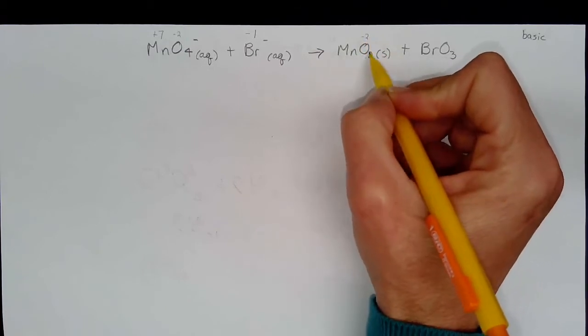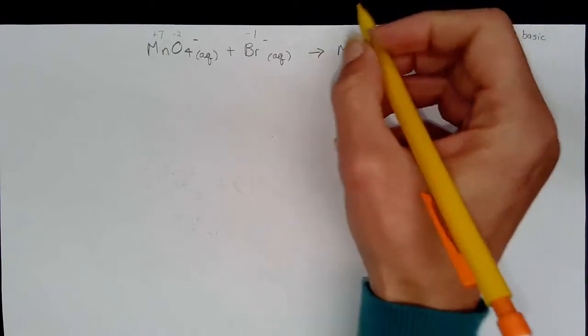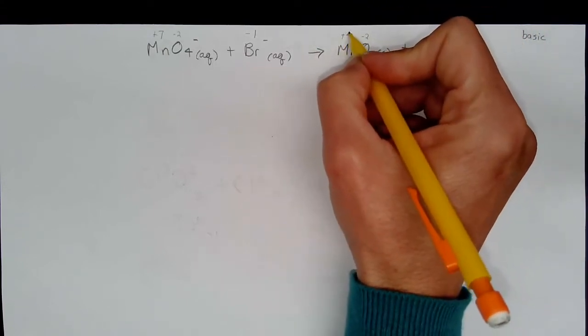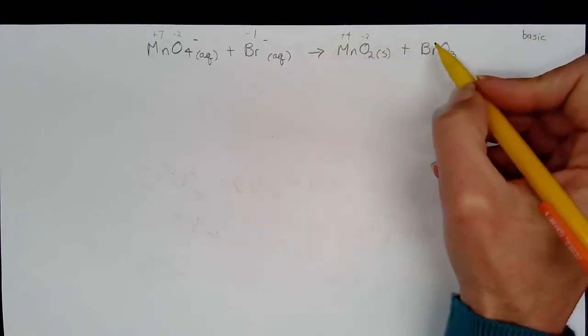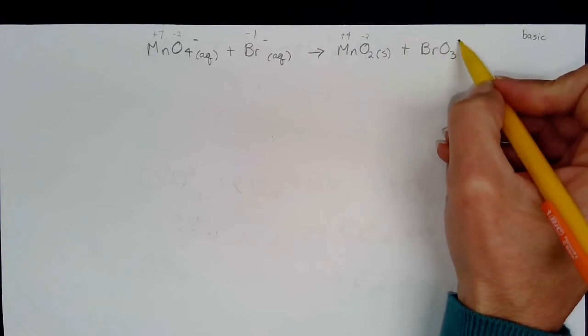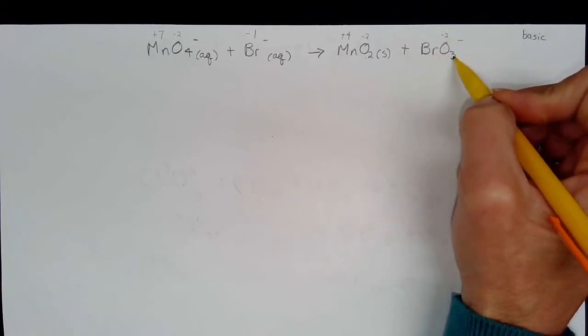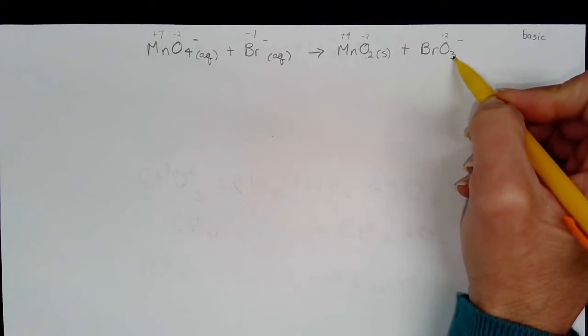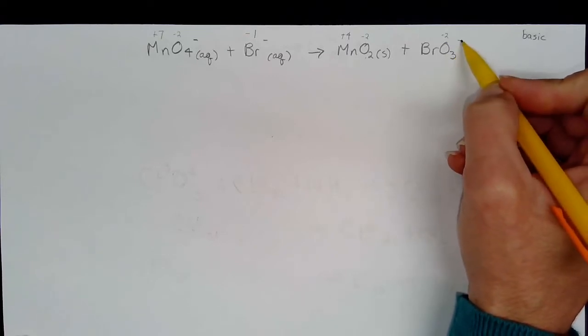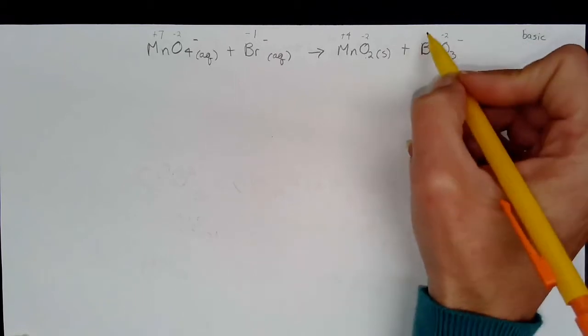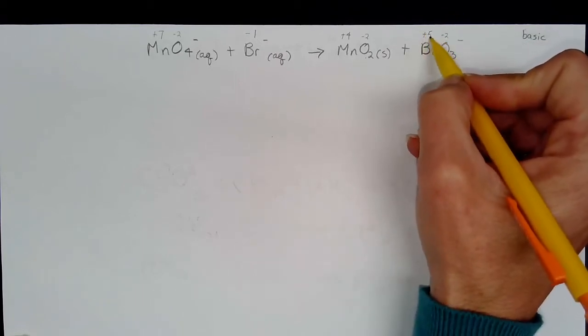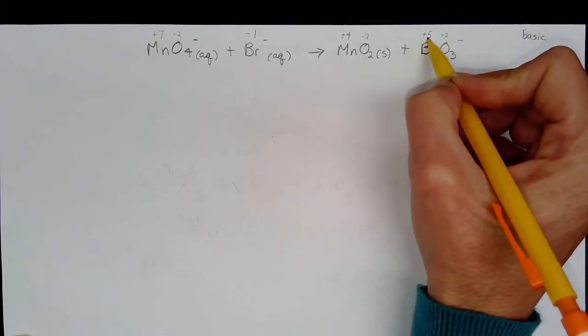There are 2 of them. That must mean that this manganese is now a +4 since this is a neutral compound. We know that oxygen is -2. There are 3 of them, so that means a total of -6, but this is the bromate ion, so we have a +5 on the bromine.